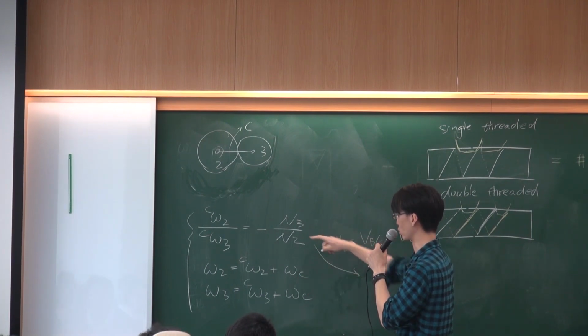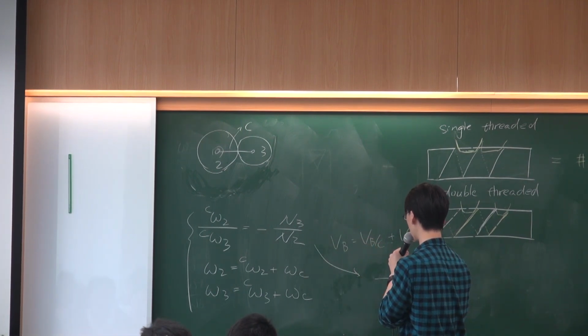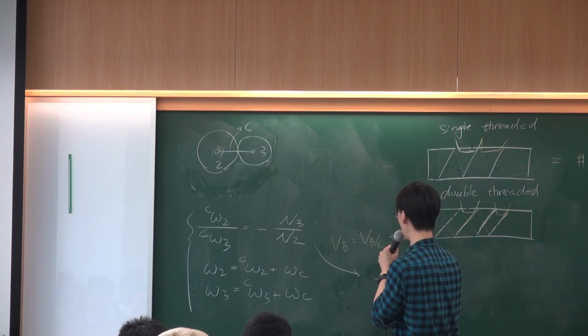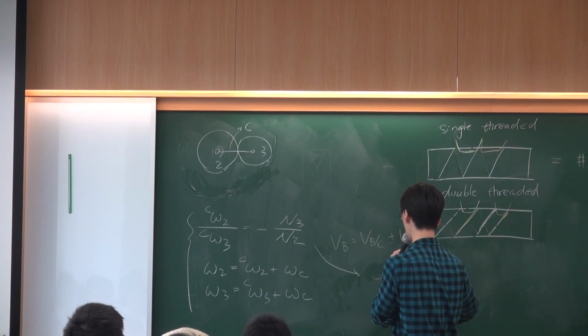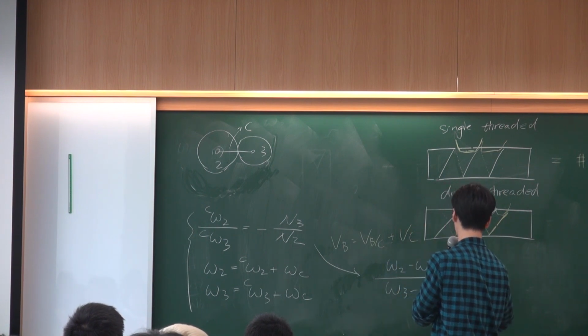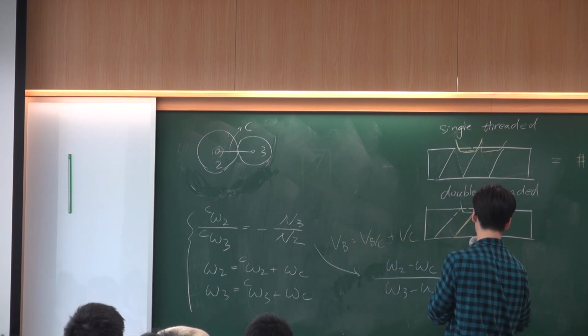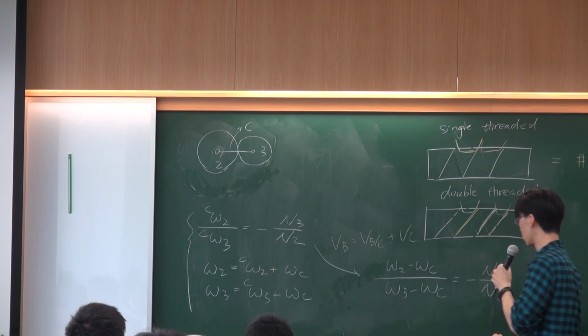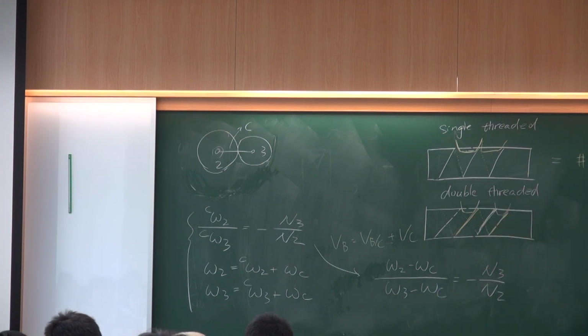According to this, I can change this equation to omega 2 minus omega c. Because eventually we will need the absolute velocity instead of this relative velocity, so we'll change to this form.